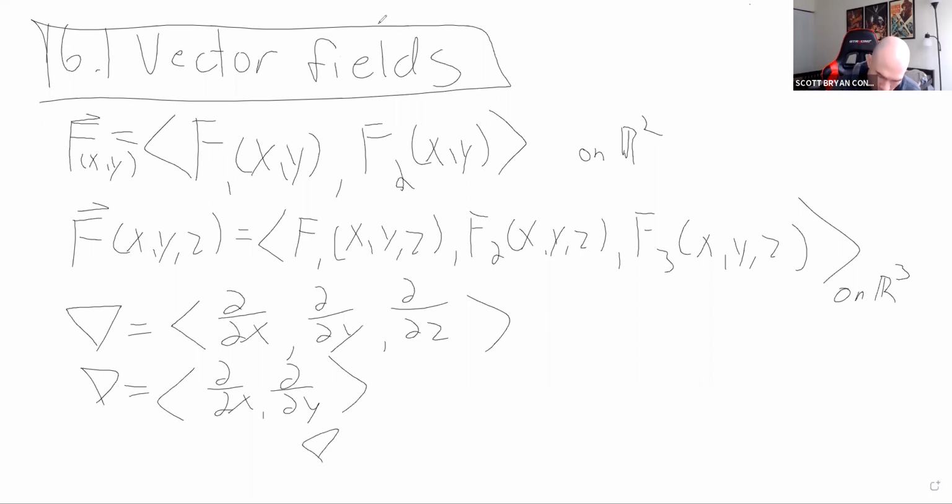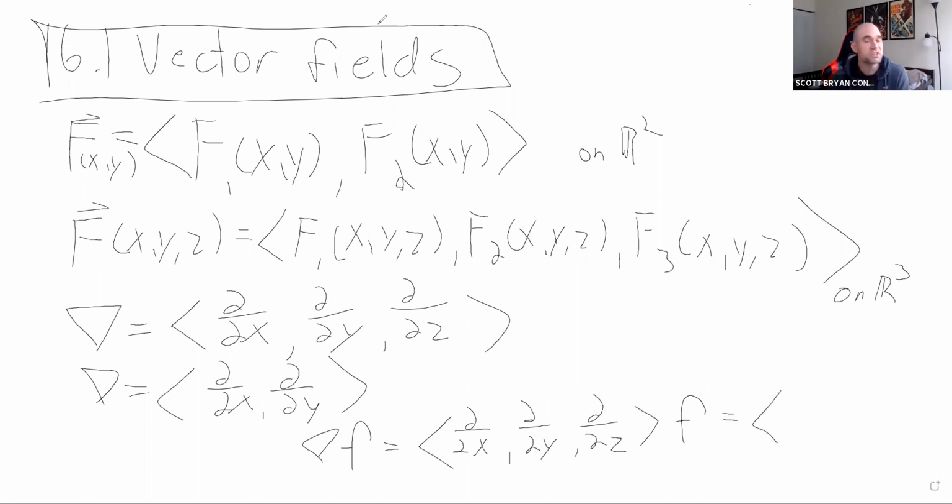And we saw, for instance, the gradient of f. You can think of that as the vector del, d/dx, d/dy, d/dz, times the scalar f, which is the same as a vector times a scalar, you just multiply each component by the scalar.